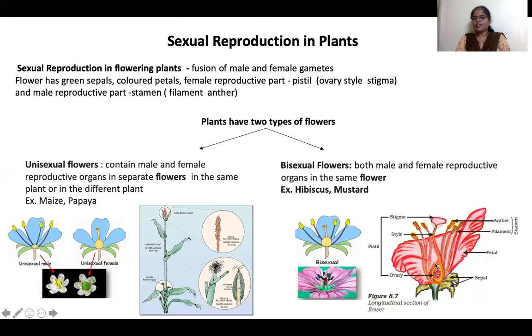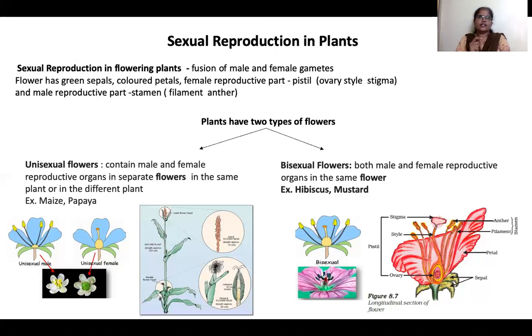At the base there is a bulb-like structure called ovary, and it grows into a thin tube-like structure called style. At the end, there is a platform. This is called stigma. Okay, this is the female reproductive part that is present in the flower.